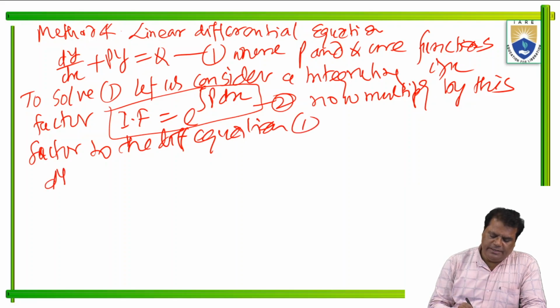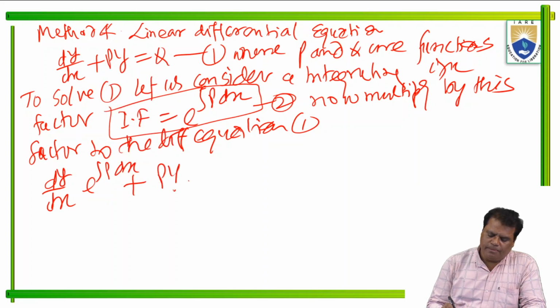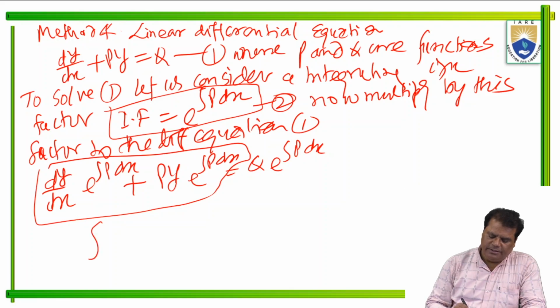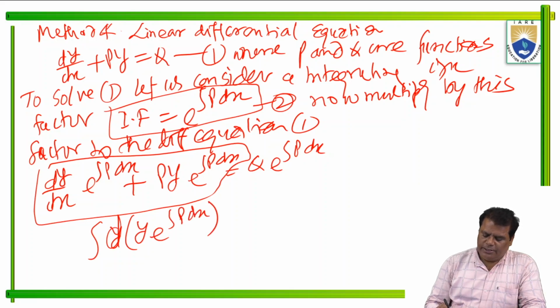Then we get dy/dx times e to the power integral P dx plus Py e to the power integral P dx equal to Q e to the power integral P dx. Now in the LHS, I am writing this as the integral of y into the differential of y into e to the power integral P dx, and equal to integrating Q e to the power integral P dx.